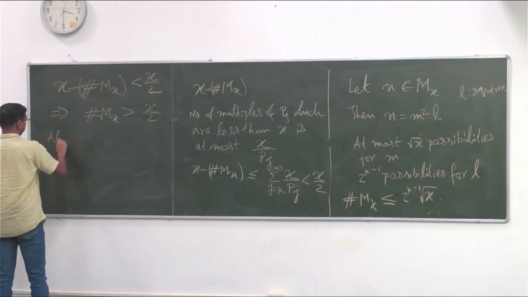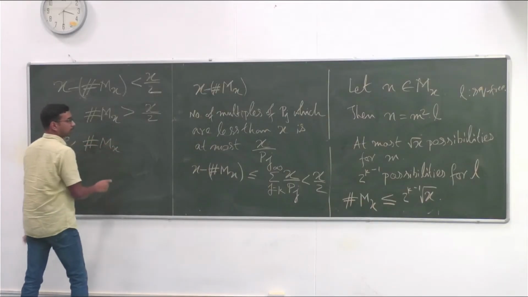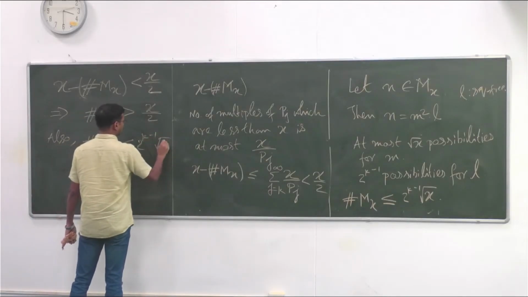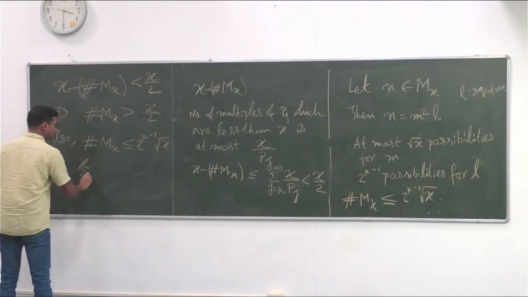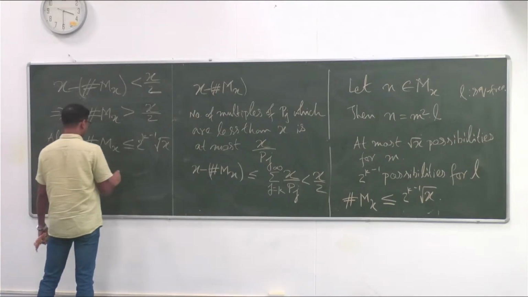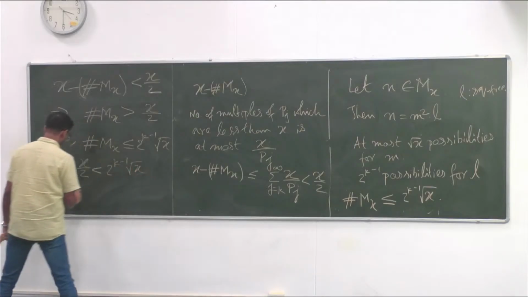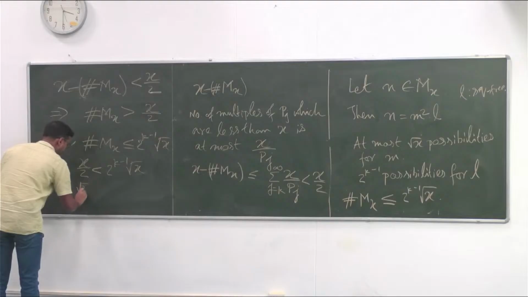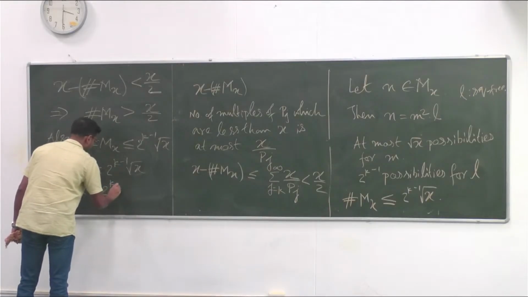Also, is less than or equal to 2 power k minus 1 root x. So that implies x by 2 is less than 2 power k minus 1 root x. That is, root x is less than 2 power k.